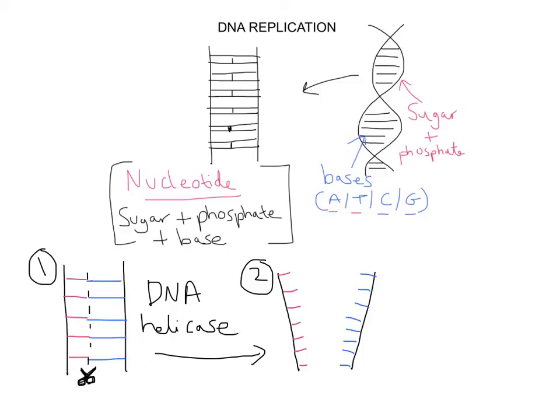Now the DNA strands are within the nucleus of a cell, and also within that nucleus are what we call free nucleotides. So we have those free nucleotides just floating within the cell. I'm just going to draw some free nucleotides here, just floating around the cell.